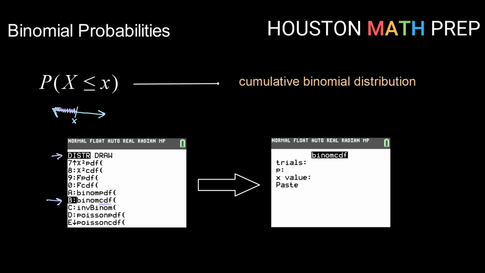When you bring it up, it asks you for the same information: your number of trials, n, your probability of success, p, and your number of successes that you want to be less than or equal to. If you have an older version of the calculator, or if this screen does not come up, you're going to input your information in the same order that you did for binomial PDF: N, then P, then X.